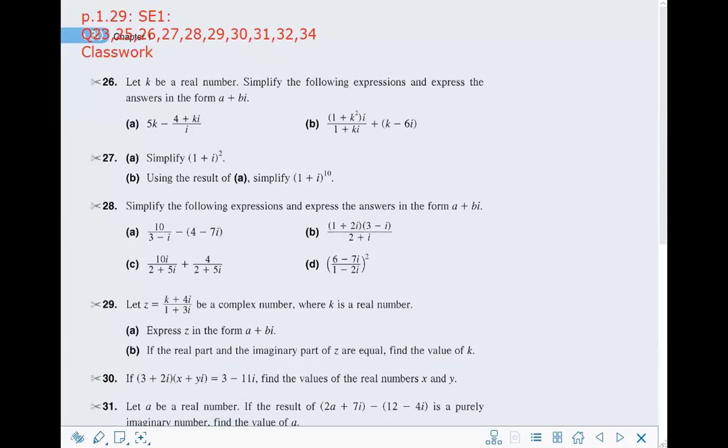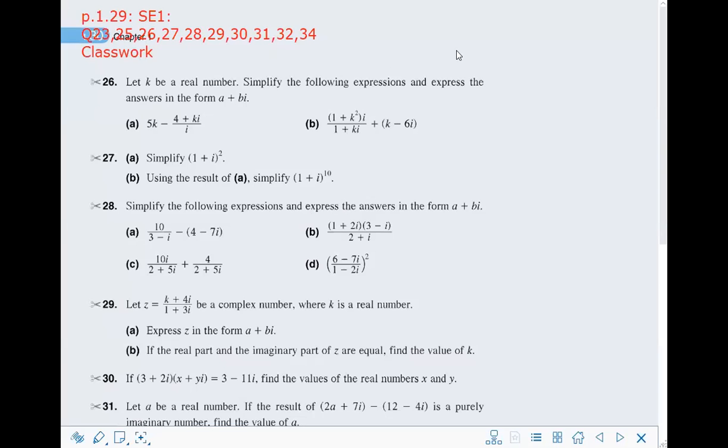Okay, some students asked me to talk about number 26. I talk about 26B first.